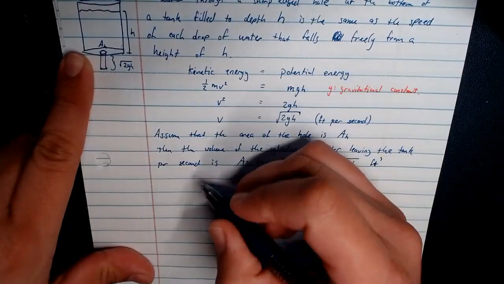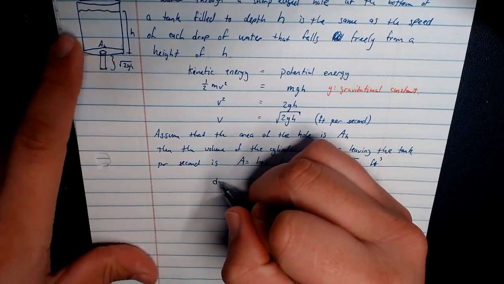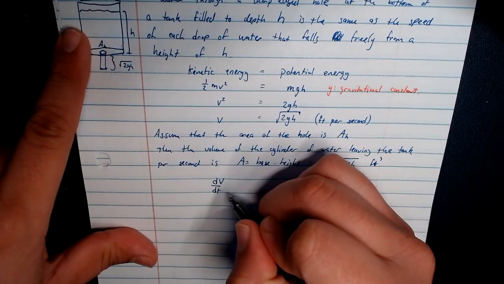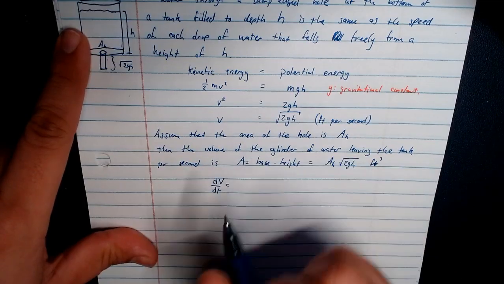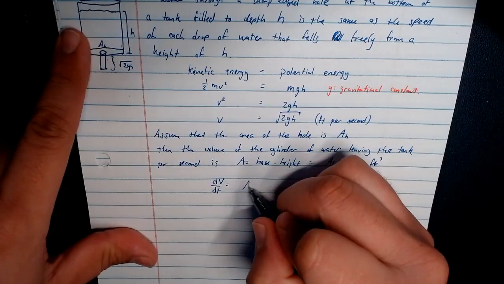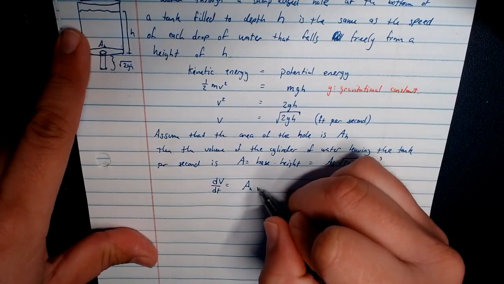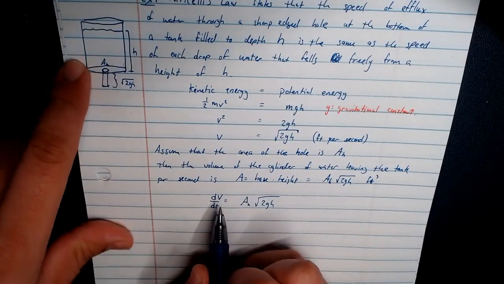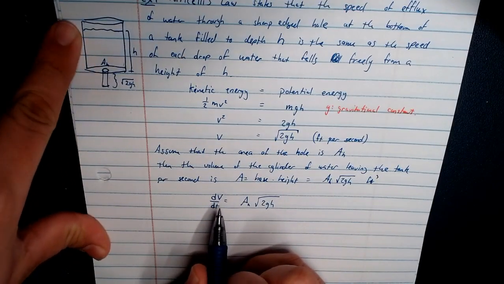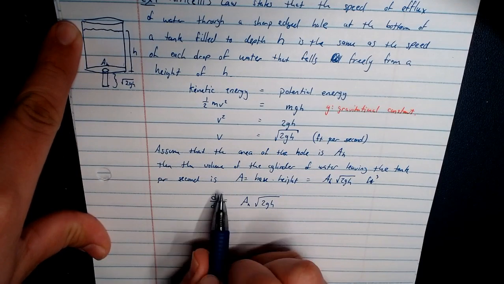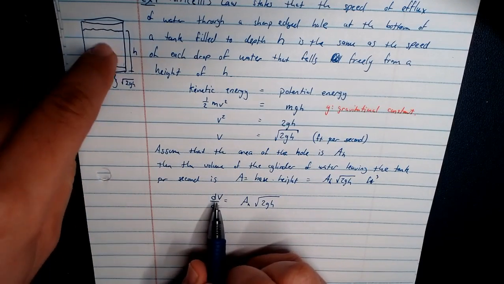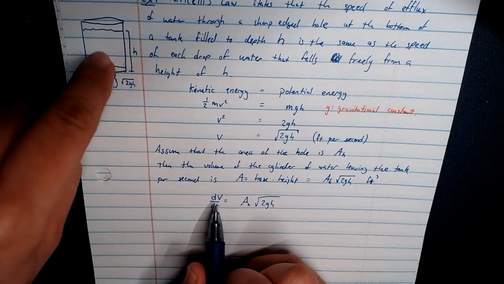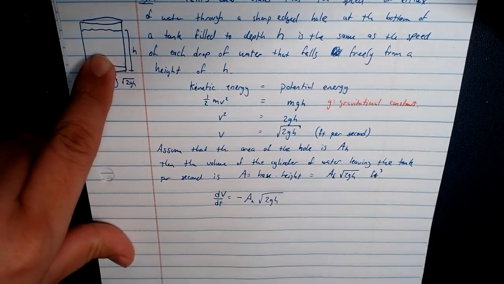So we now have a differential equation here. The derivative of the volume of water per unit of time, every second, is going to equal A sub h times the square root of 2gh. And a little subtlety here, because this is the change in volume of the tank, and every time a column of water falls out, you're removing it from the tank, this is actually going to be a negative value, right?